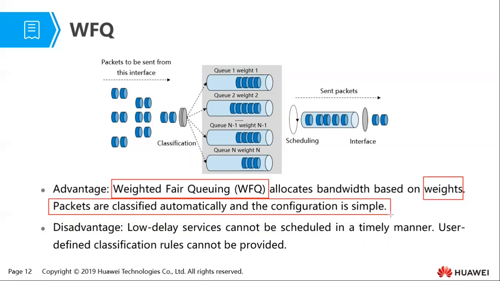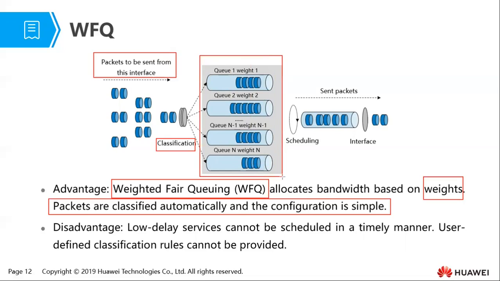And the configuration is very simple. So as packets are coming, are being sent to the interface, they're classified depending on their priorities. Then they're put on the different queues.